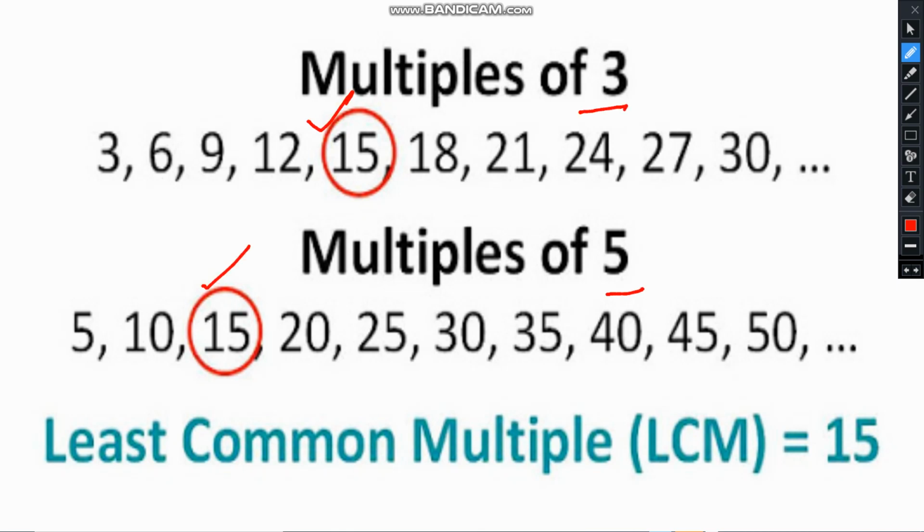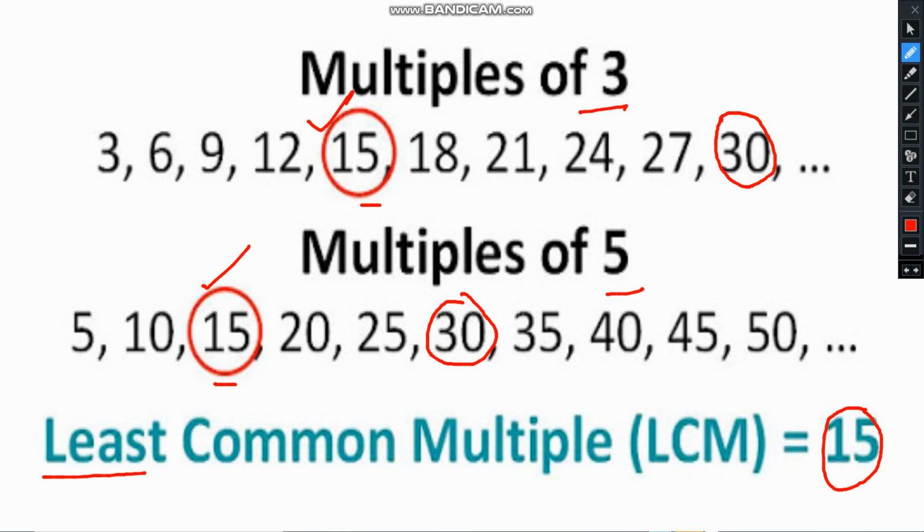As you can see, 15 is the common multiple over here, and then we have the multiple 30 right here. So two multiples are common. But when we are saying least common, that means the one which is the least, which is less. So between 15 and 30, which one is the least common multiple? The answer which we will write is 15.